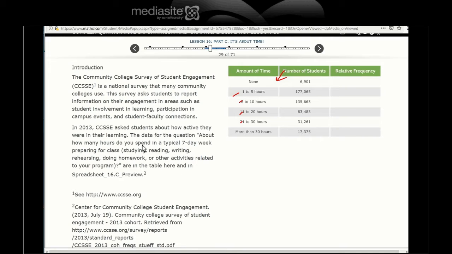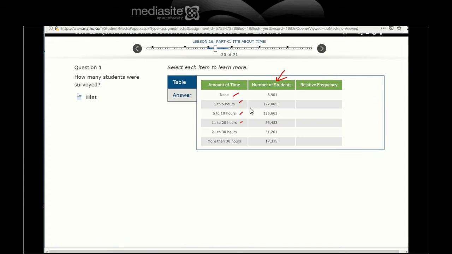How many hours do you spend in a typical 7-day week preparing for class, for study, reading, writing, rehearsing, doing homework, etc.? So we need to basically sum these up.